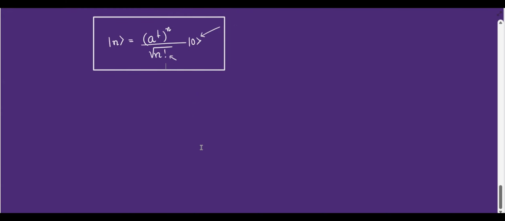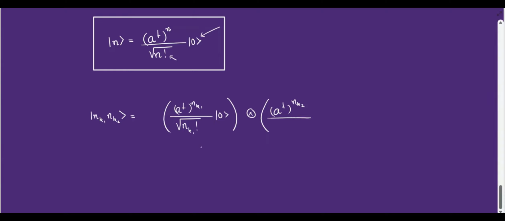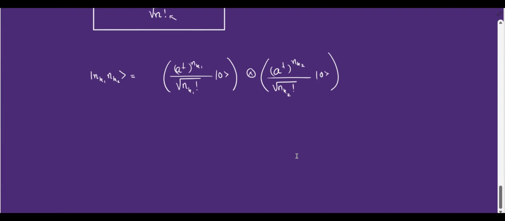So this is, however, for a single mode Fock state. If I have multi-mode Fock states, let's say a two-mode Fock state, then this can also be decomposed in this manner: A dagger raised to nk1 divided by root of nk1 factorial on 0, tensor product A dagger raised to nk2 by root of nk2 factorial on 0, and even higher mode Fock states I can decompose in this manner.